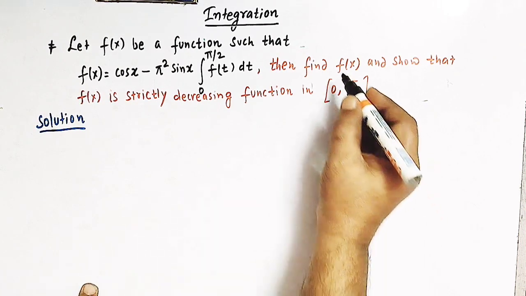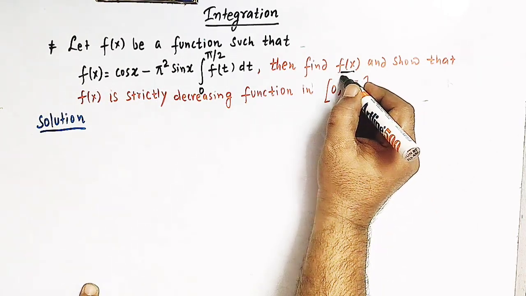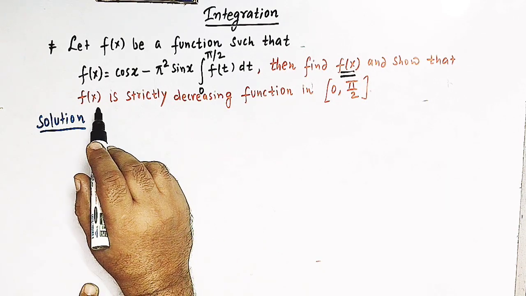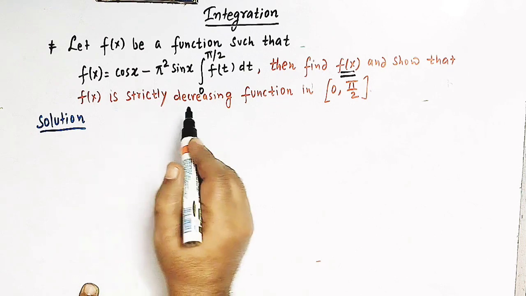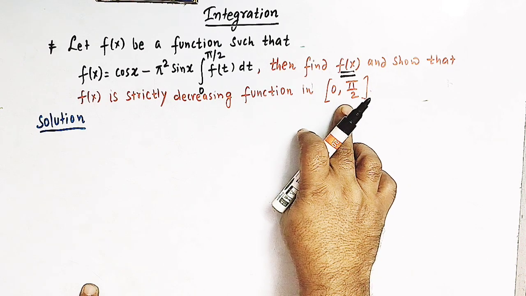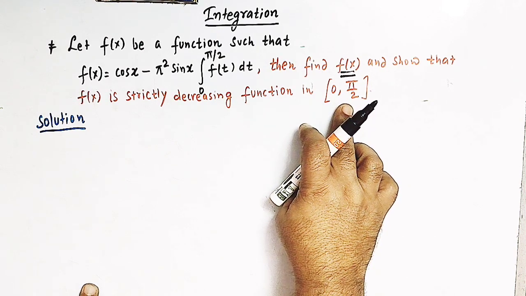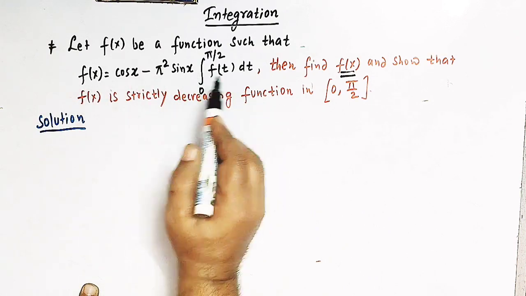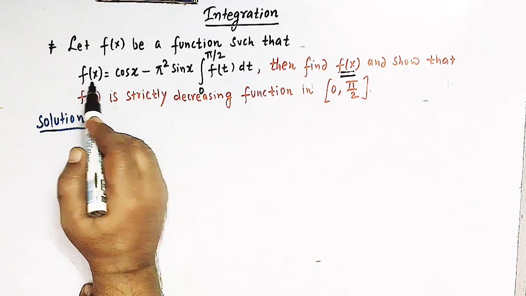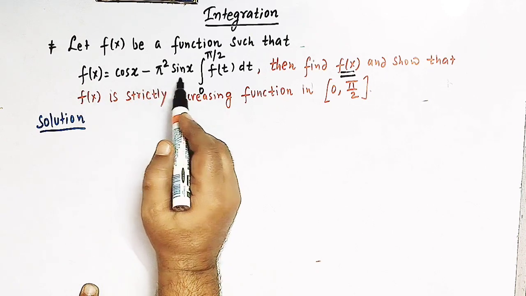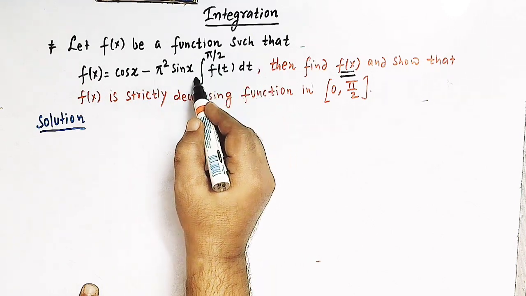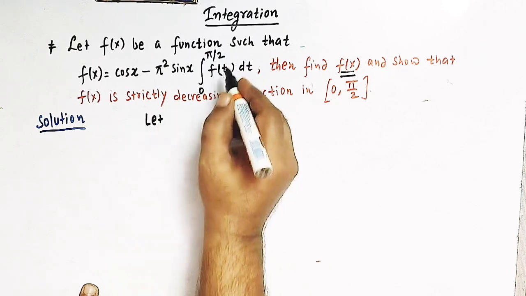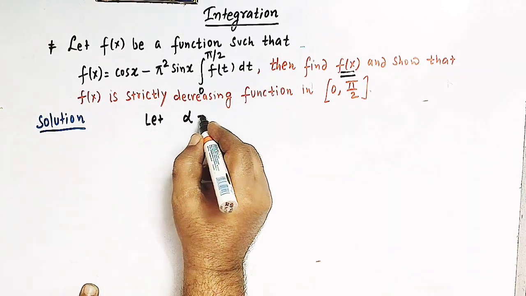So here first we'll find out the form of the function f of x, and then we'll see how we can prove that this function f of x is a strictly decreasing function in this given interval. So let us start with this equation. Here we have f of x is equal to cos x minus pi square sin x, and here we are given this integral. So let us take this integral as, say, alpha.